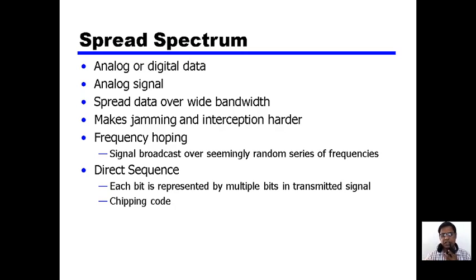The general definition of spread spectrum is that analog or digital data can be transmitted, and analog signals will also be transmitted, spreading data over a wide bandwidth.